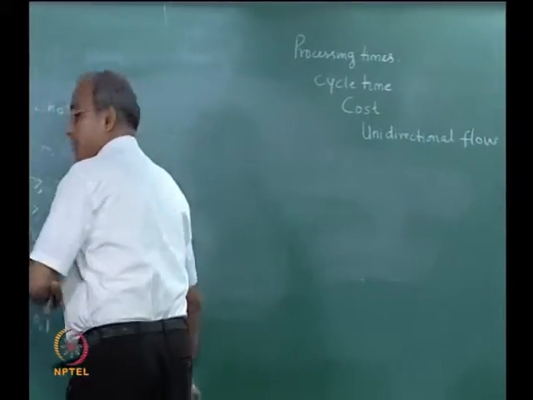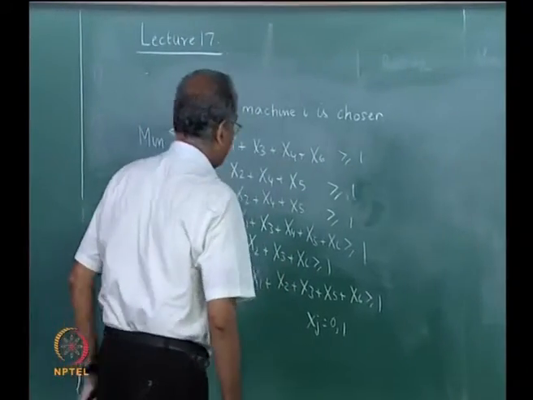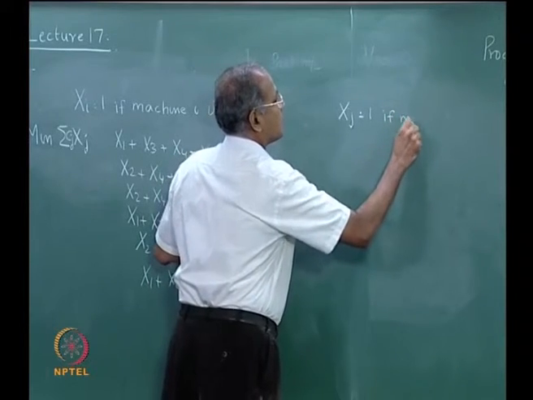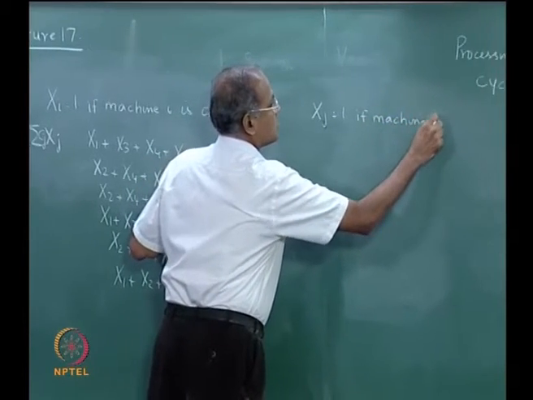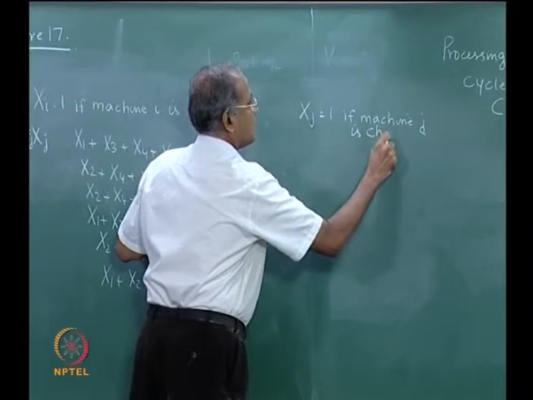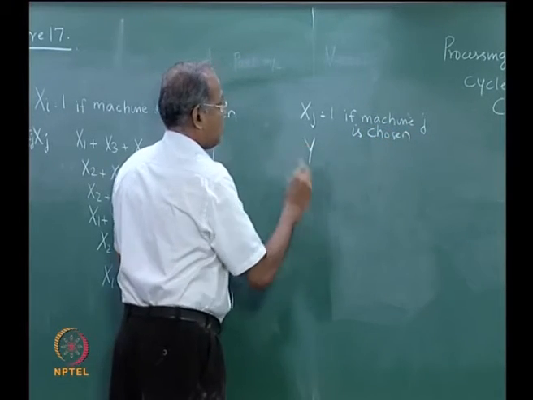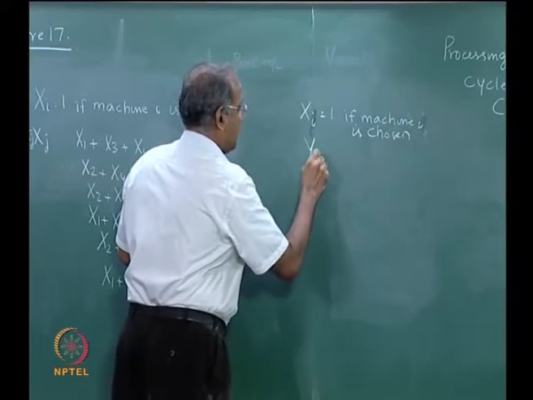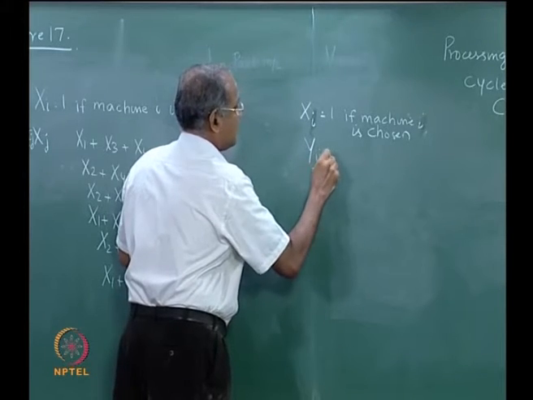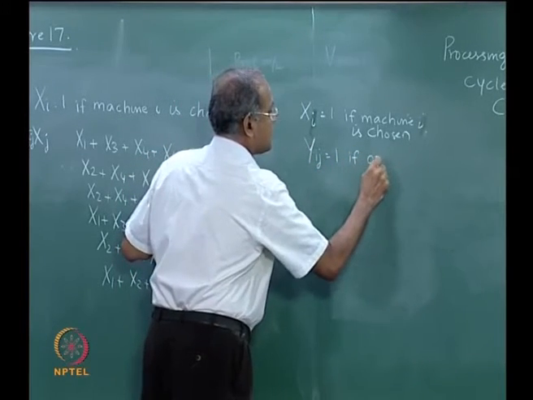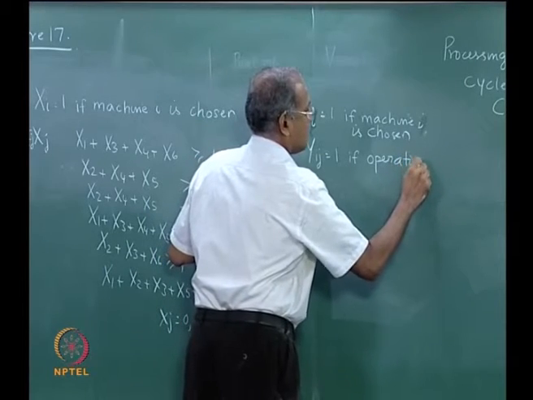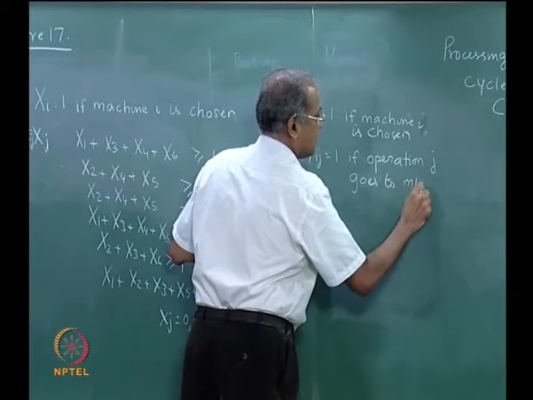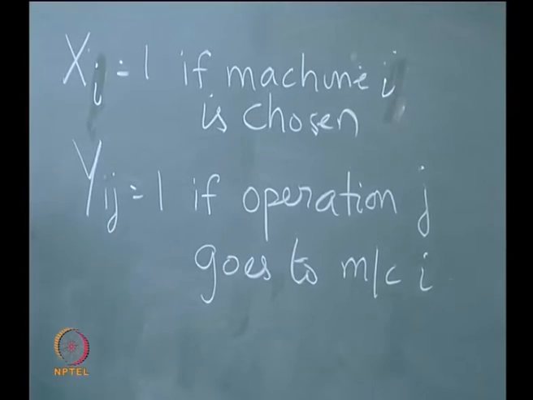So, the formulation will become: xj equal to 1 if machine j is chosen, and xi equal to 1 if machine i is chosen, and yij equal to 1 if operation j goes to machine i.